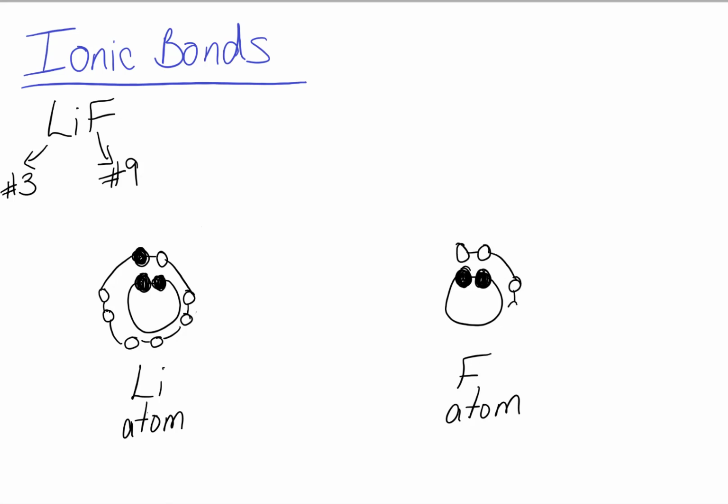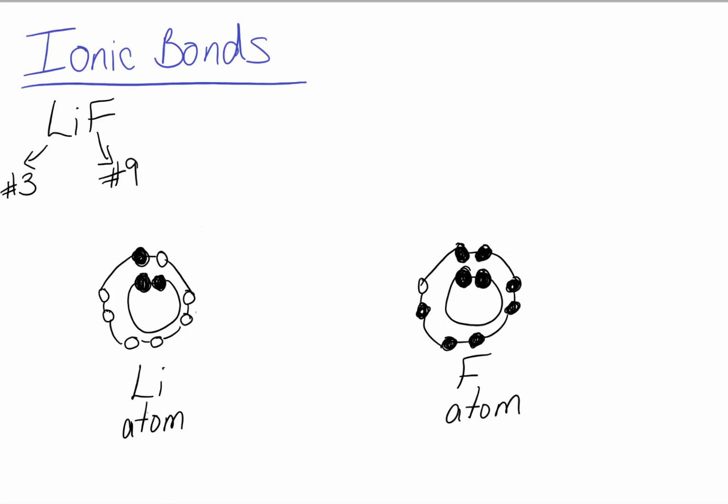I'm going to place my pairs of electrons around that atomic nucleus first, and then we're going to go ahead and fill the rest of them in. And using the same rules that we used before, I'm going to place electron number 3, 4, 5, 6, 7, 8, and 9. Okay. And then hopefully you can see that fluorine also has an incomplete valence shell, making it a reactive atom.